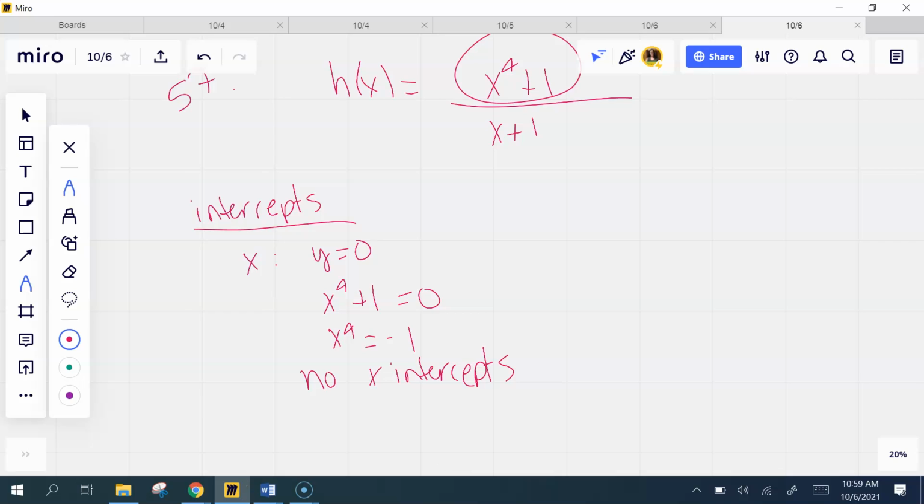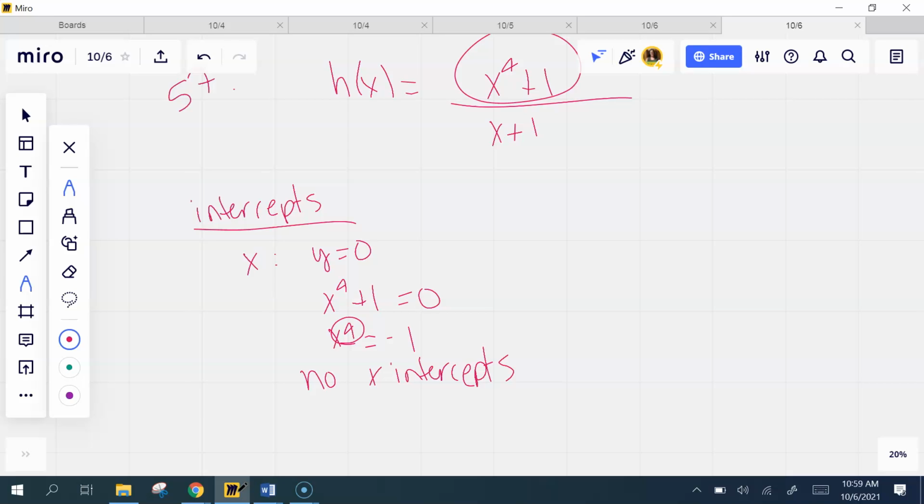Because this is an even number. If you raise anything to an even power, so you multiply it the same number of times, will you ever get a negative number back? No, because negative 1 times negative 1 would be a positive 1, and then times negative 1 again, and times negative 1 again.